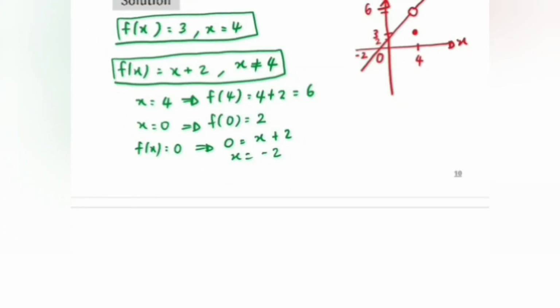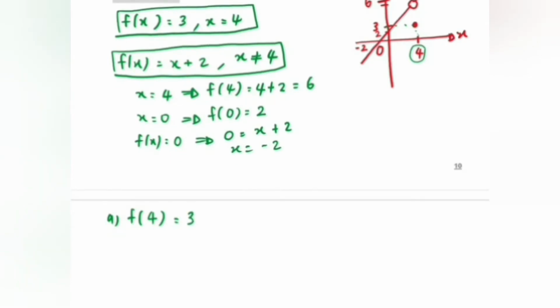Next, to determine whether the function is continuous at x equals 4 or not, we have to check the three conditions of continuity. The first one is to find f(4). So when x is 4, the function is 3. Second condition, we have to find the left-hand limit and right-hand limit.